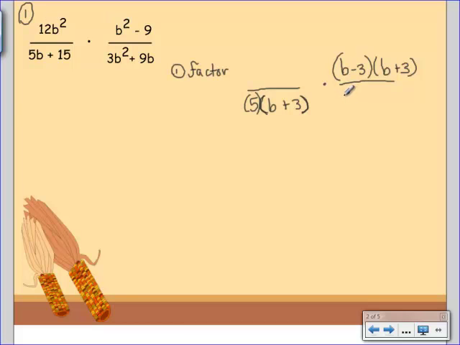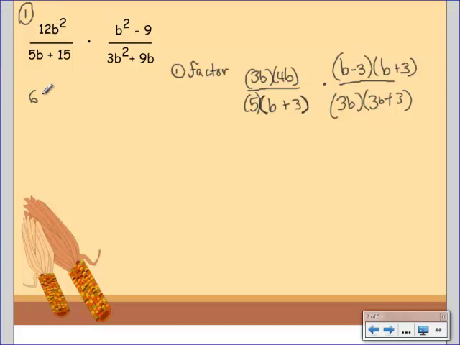I'm not quite sure what I'm looking for with the next two, but I do know that 3b squared plus 9b I can factor into one being 3b and the other factor being 3b plus 3. Oh, okay, so now this 12b squared, I'm going to go back over there and I'm going to factor that into 3b times 4b.